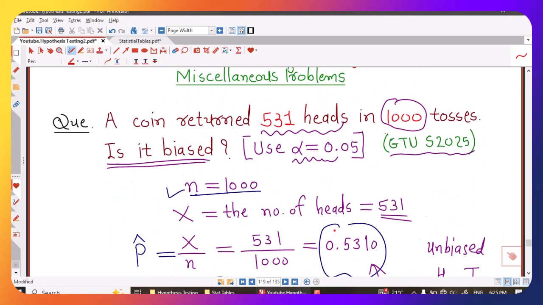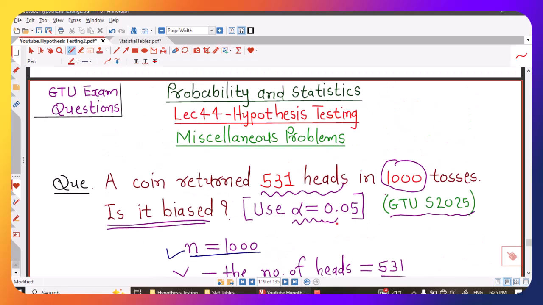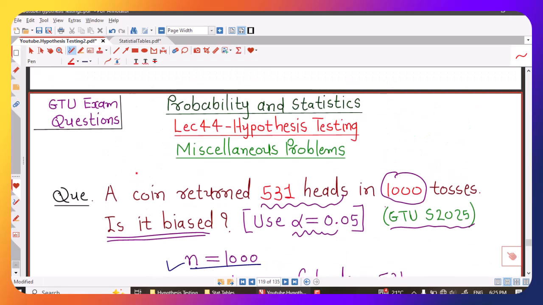So they can ask this type of problems in the GTU exam, and in an earlier lecture we had seen the problem of throwing a dice, and we discussed how we can use this hypothesis test for population proportion to test whether the dice is unbiased or not. This problem is also similar to that problem. Here instead of a dice they have taken a coin. They are throwing a coin 1000 times and they find 531 heads.